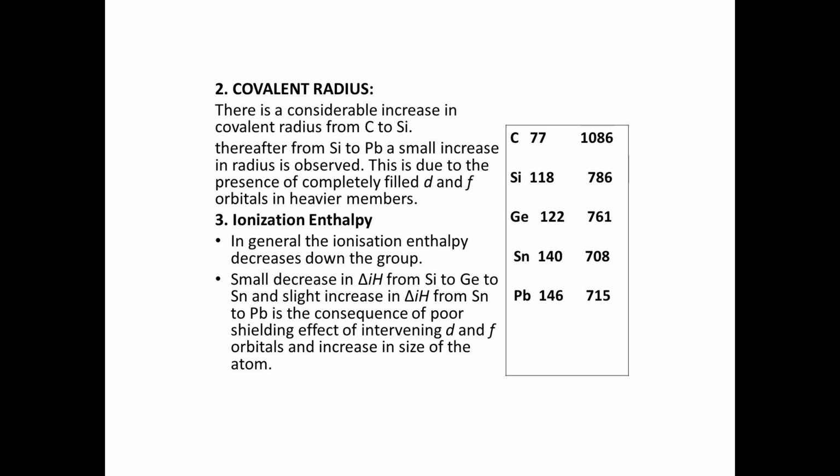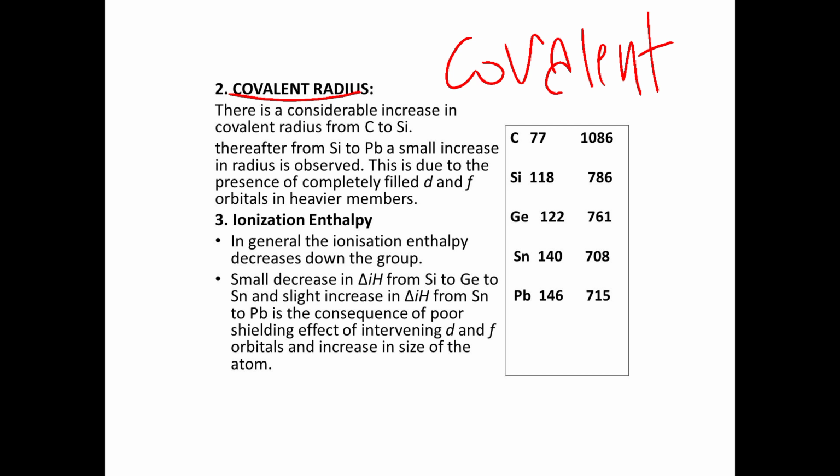And we'll see the atomic radius. We know this carbon family forms only covalent bonds. So hence we identify the size on the basis of covalent radius. There is a considerable increase in the covalent radius. Why?